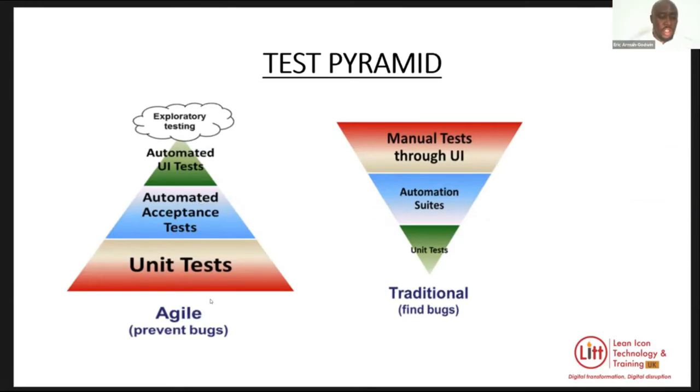So Agile encourages automation. And you can see from the left-hand side, which is the Agile side, that there's more automation. Unit testing is always automated as far as I'm aware. So if it's going to be automated, then we're going to have more automated tests, and we want to encourage more unit testing.